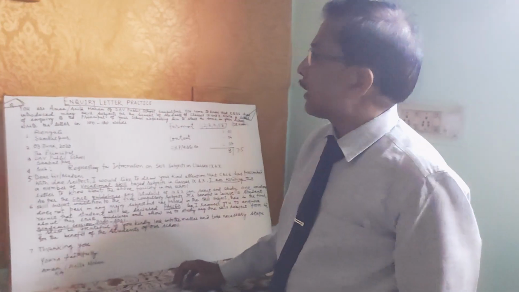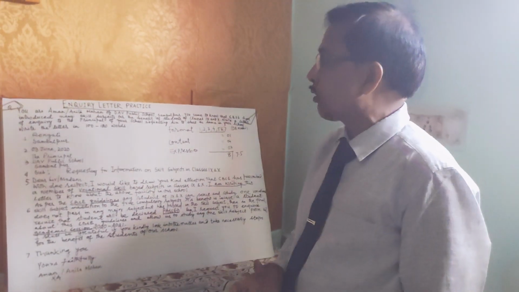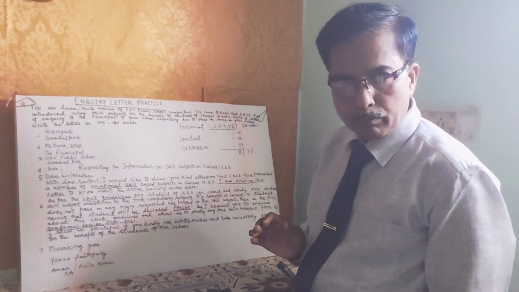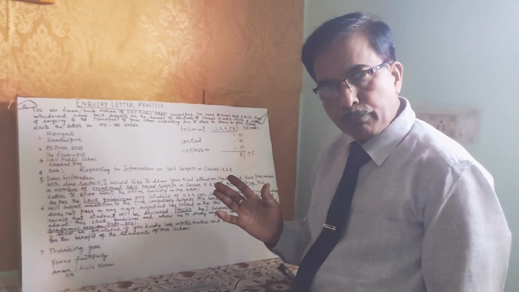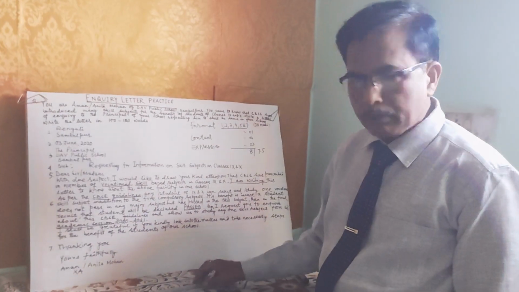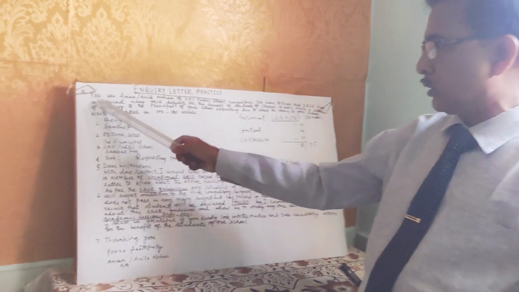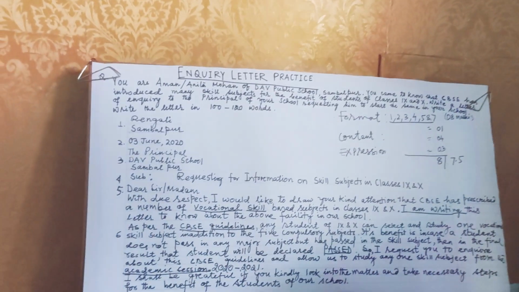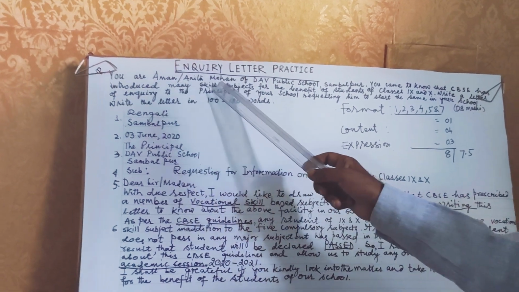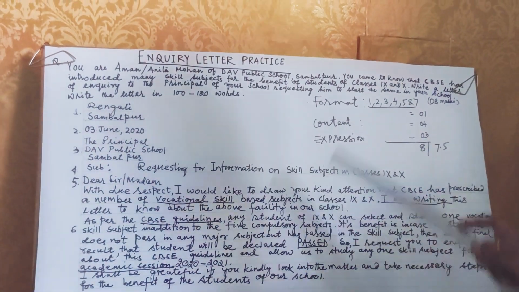So, students, I explained in detail about the layout of writing a formal letter. I also explained the marking scheme of CBSE for evaluating a formal letter. Let us take an example. Here I have a question. You are Aman Anita Mohan of DAV Public School, Sambalpur.